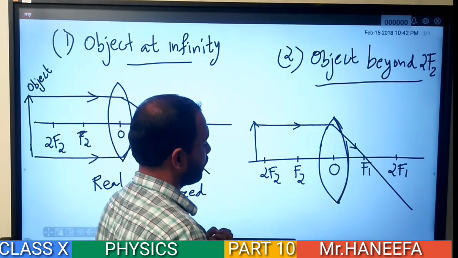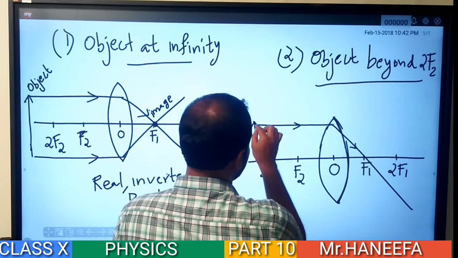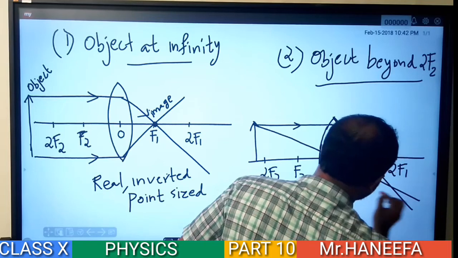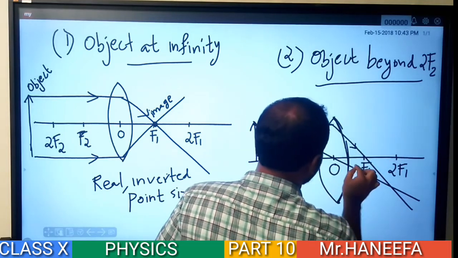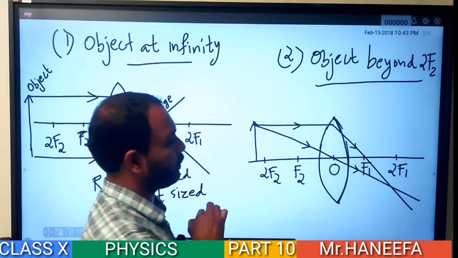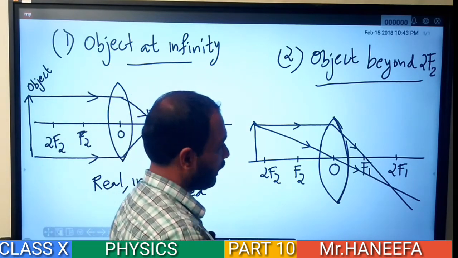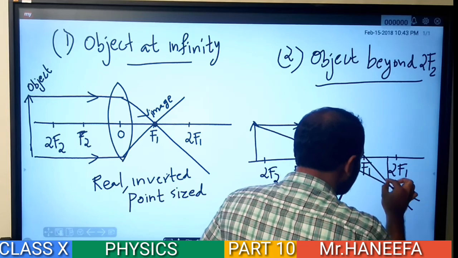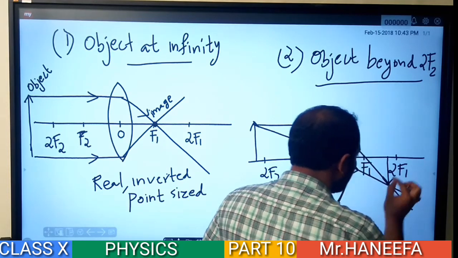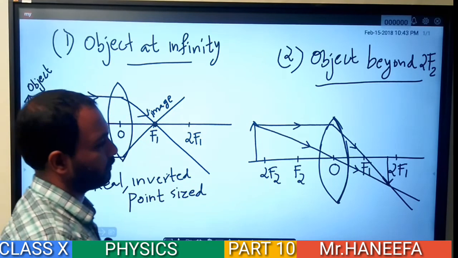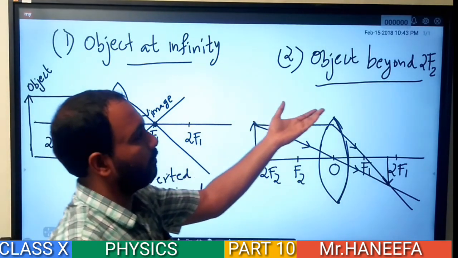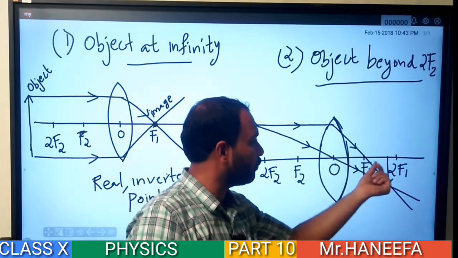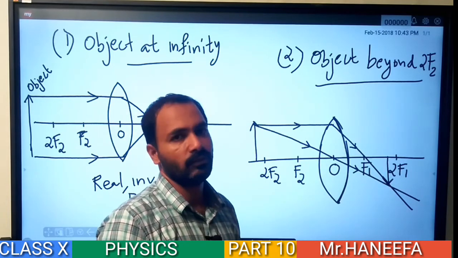So we can use here third rule: a ray which passes through the optical center passes without any deviation. Where image is formed? Image is formed here. So when object is placed beyond 2F2, image is formed between F1 and 2F1.